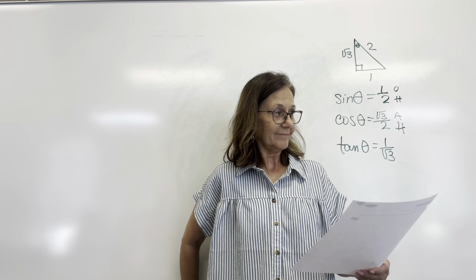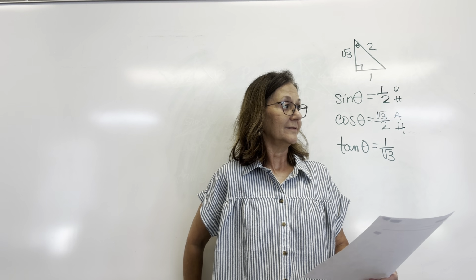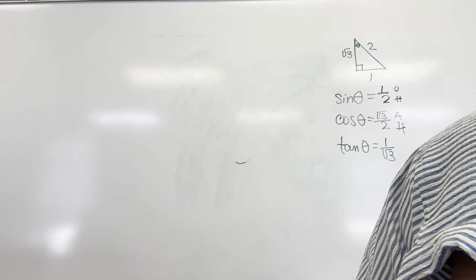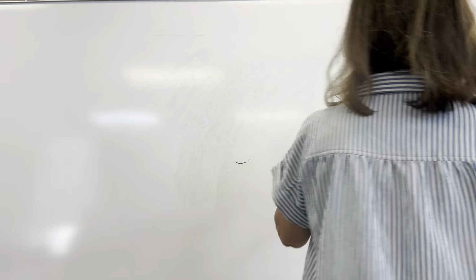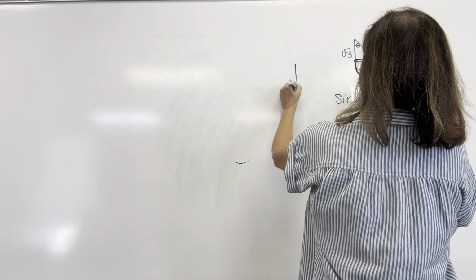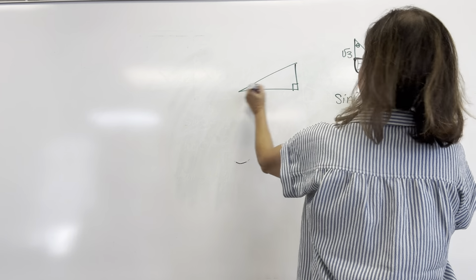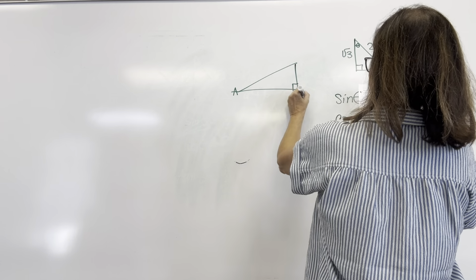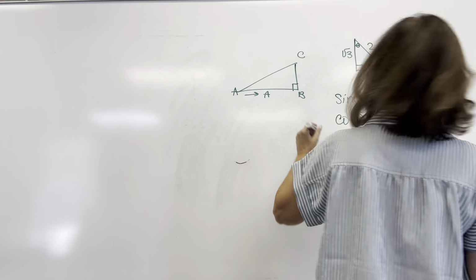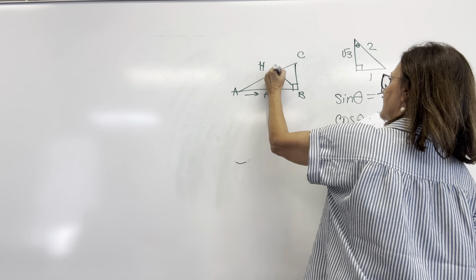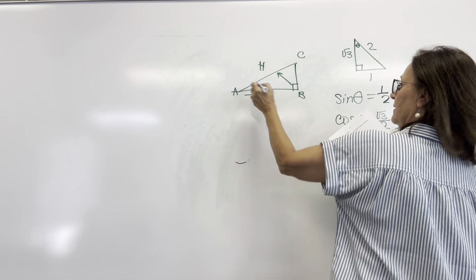What does the A stand for? Adjacent. So it's adjacent to the angle, and tan is opposite over adjacent. If I draw number 5, this is the adjacent. That's the hypotenuse because it's opposite the 90.